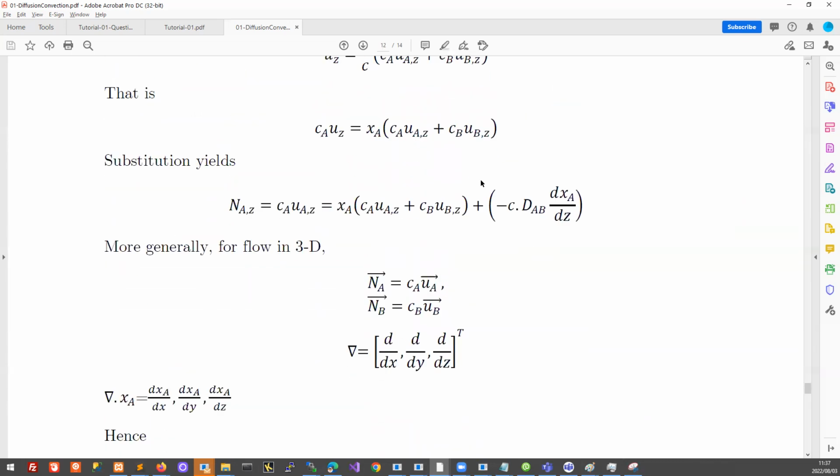So that's this term. And then if we look at this term, we can recognize here that this is the overall molar flux of component A, right? So this is the velocity, including diffusion and convection. And so this is the net flux of component A. And by the same token, for the same reasons, this is the net flux of component B.